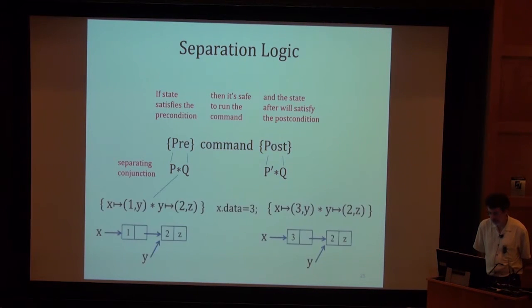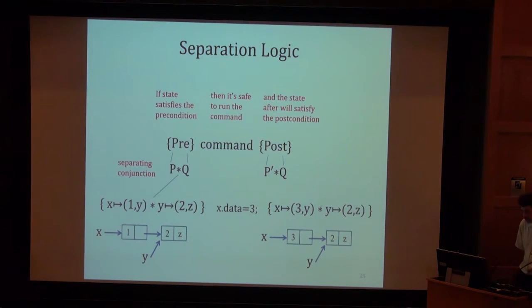Okay, so here's an example of a separating conjunction. It describes this data structure where X points to a cons cell that holds 1 and Y, and Y points to a cons cell that holds 2 and Z. So you can see the domain of the heap that satisfies the left-hand side is these two addresses, x.head and x.tail, and the domain that satisfies this is these two addresses, and then the whole assertion is satisfied on the entire heaplet.